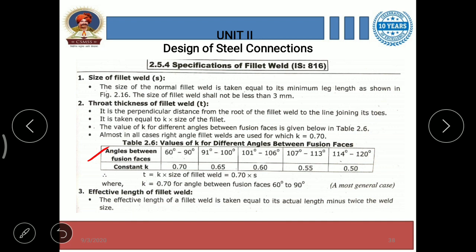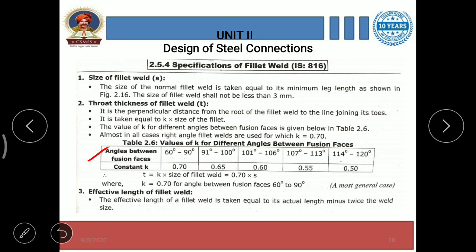When two members are to be connected, suppose for example one member has a thickness of 10 mm and the other is 12 mm. While joining these two, we have to provide a fillet weld whose size is at least the minimum leg length.